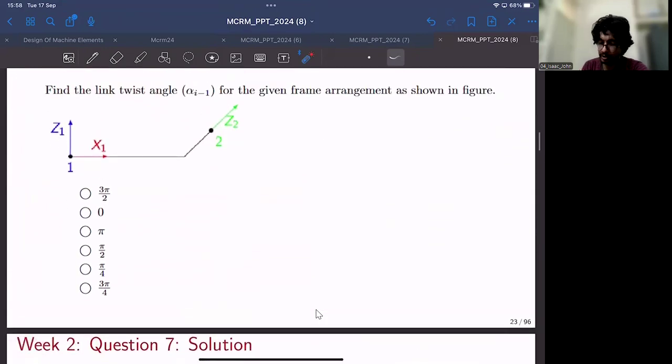And also there was another sort of question where you are asked to find the link twist angle.